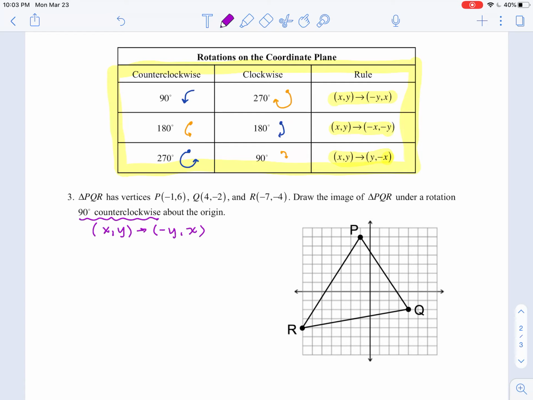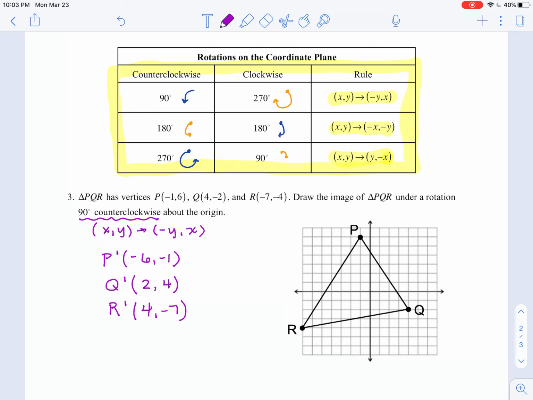So if point P was at (negative 1, 6), P prime should go to (negative 6, negative 1). Point Q was at (4, negative 2), so Q prime is going to go to (2, 4), and because R was at (negative 7, negative 4), R prime is going to go to (4, negative 7).